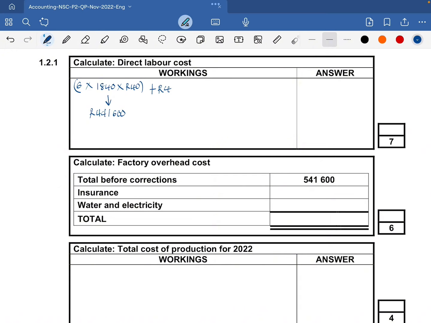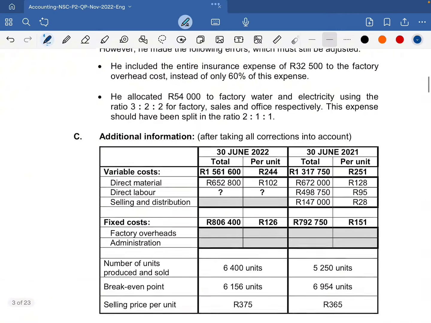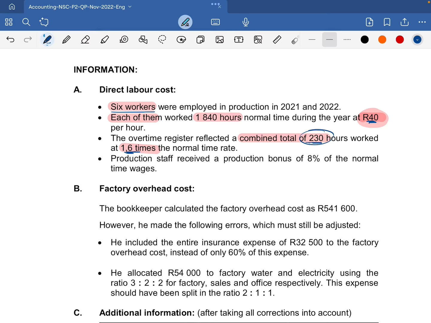Okay, so let's say 40 first times 1.6. This is their overtime rate, multiplied by the 230 hours total worked by all of them. Then let's see what that gives, which is 14,720.